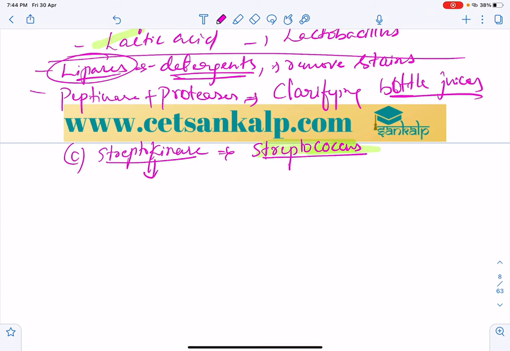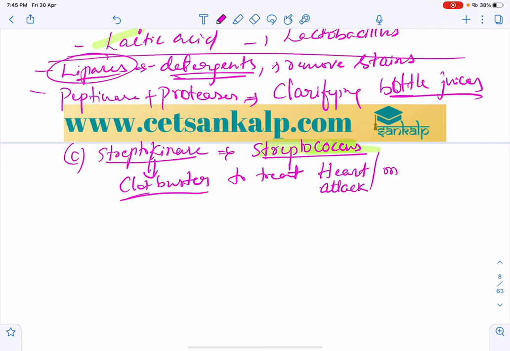What is the role of streptokinase? It is used as a clot buster, mainly to treat heart patients, the person suffering from a heart attack, or you can say myocardial infarction.